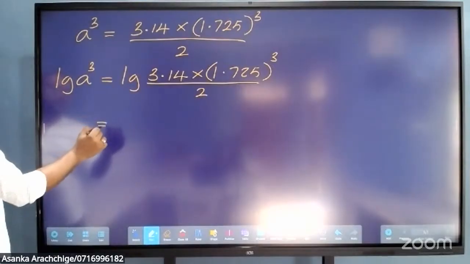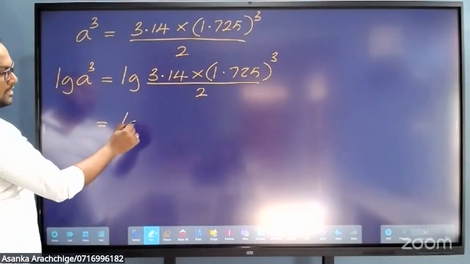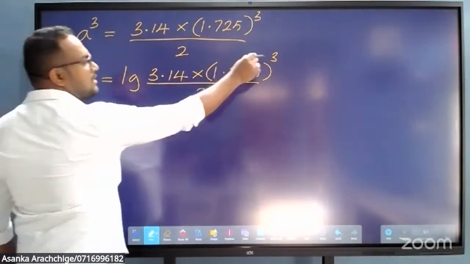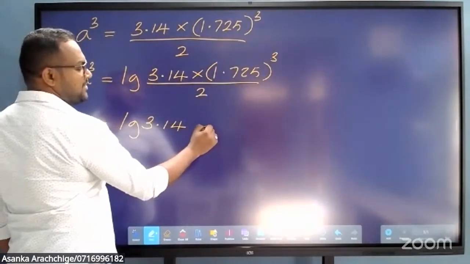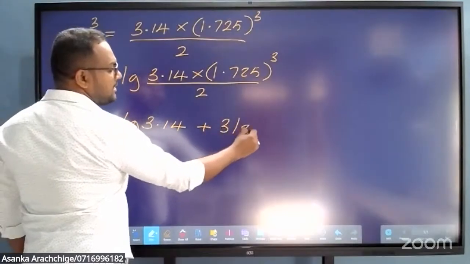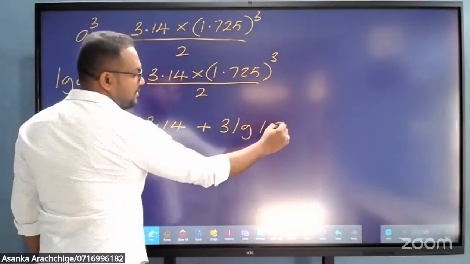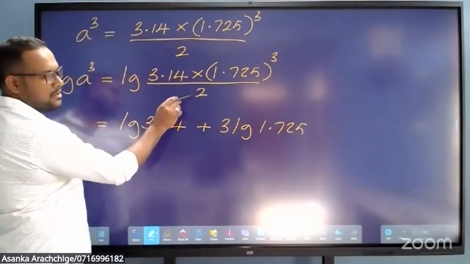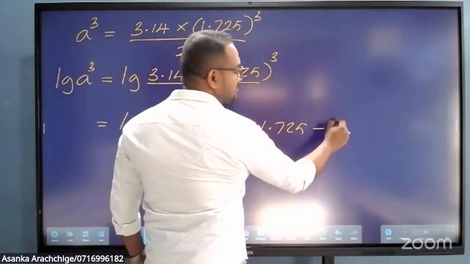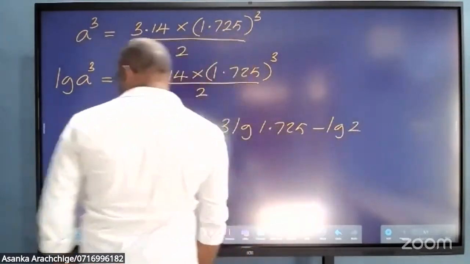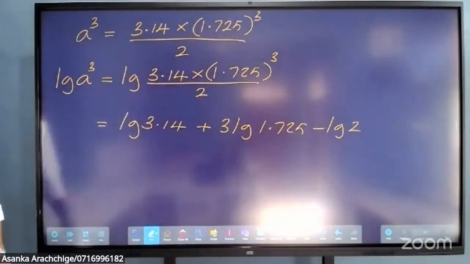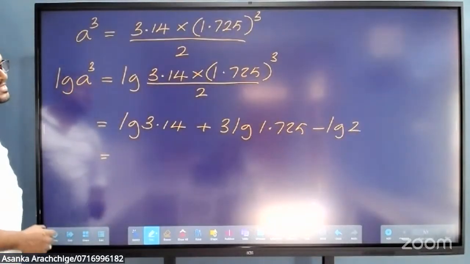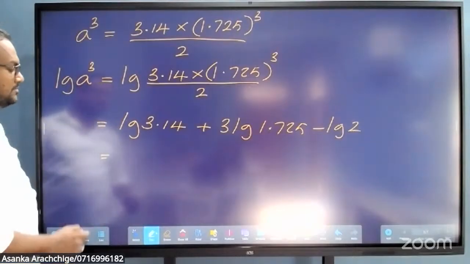Therefore, lg a cube is equal to lg 3.14 plus 3 times lg 1.725, then this is in the denominator, that must be minus lg 2. Is this clear? Then I need your support to find the logarithms.